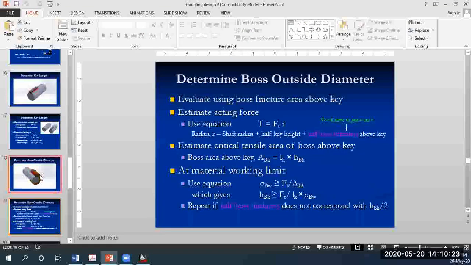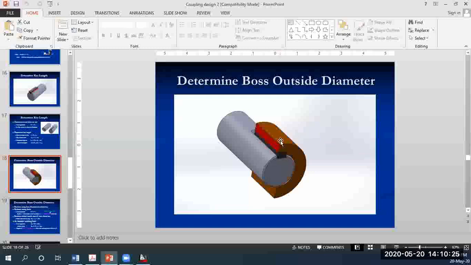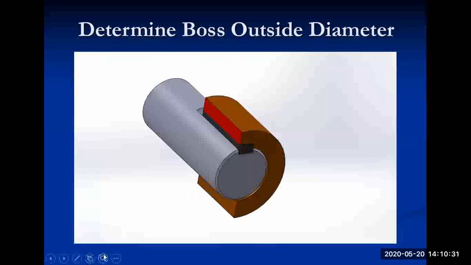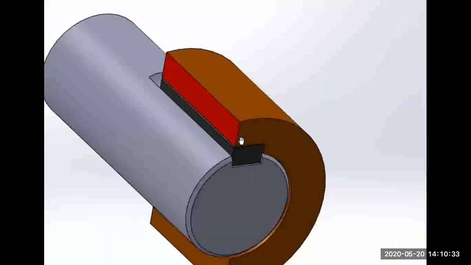Midpoint means, here, if that diagram explains it more clearly, right? Okay. So midpoint would mean this, right? So halfway, just above the key, if you start moving upwards towards the outside diameter of the hub, so midpoint, okay? So that is the halfway mark.